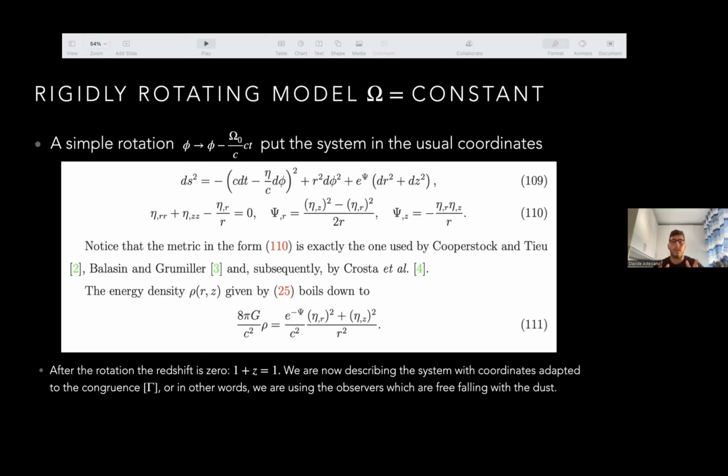So the test that I propose in this article is that, for example, if some model inside this rigidly rotating class can describe our galaxy from a theoretical perspective, I know that observation is very complicated and not that simple, but from a theoretical perspective, this works.